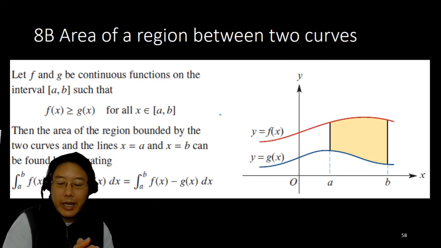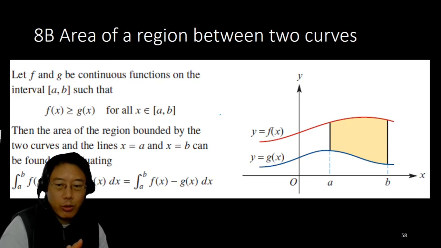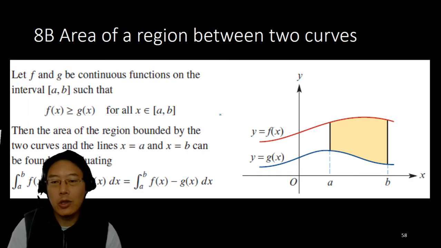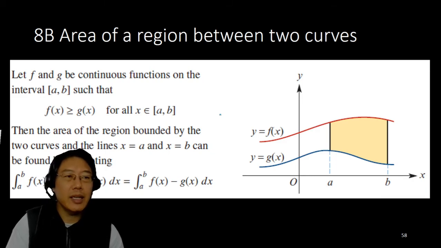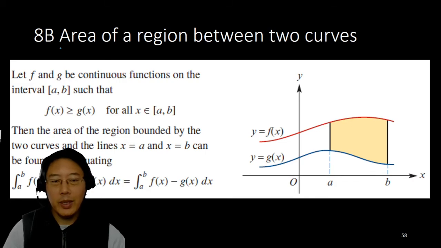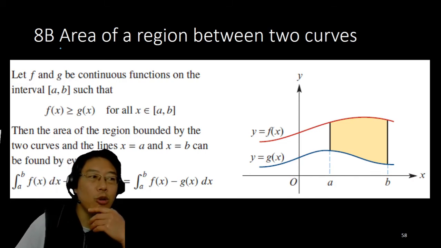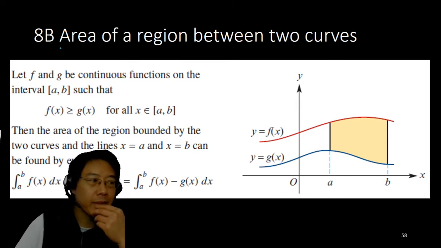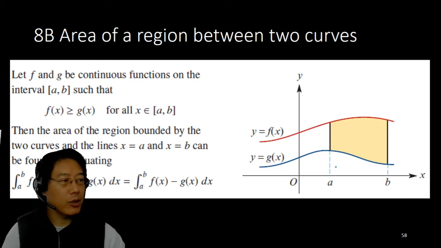So it's the application of the fundamental theorem of calculus, to find the area of a curve. It's one function. Okay, now the extension of that is with 8b we want to find the area of a region between two curves. So graphically, let's say you have something like this.